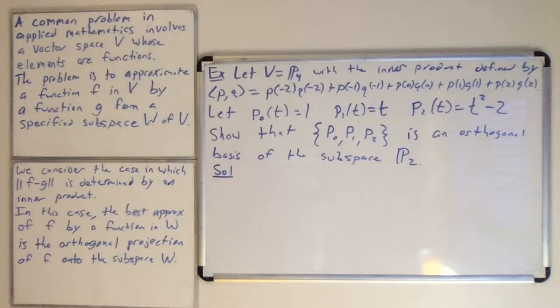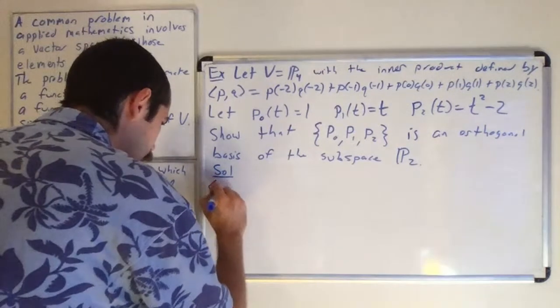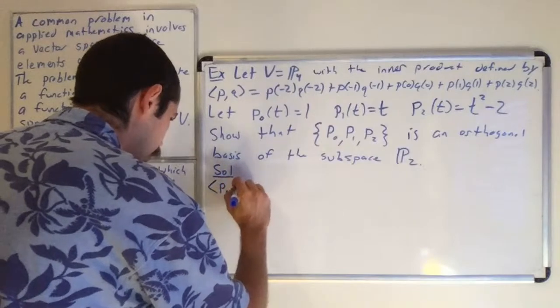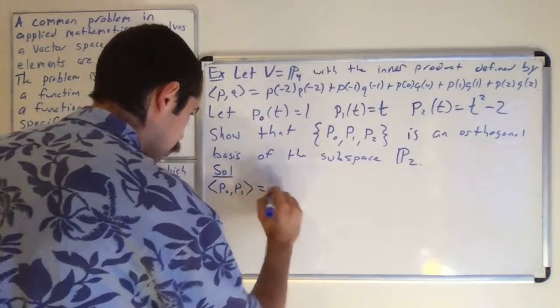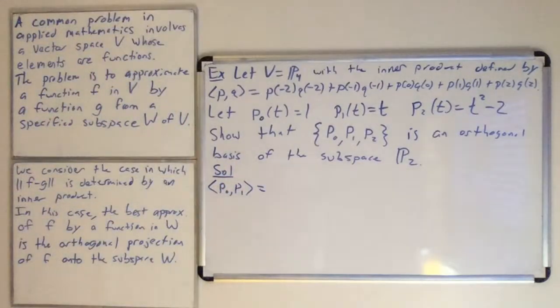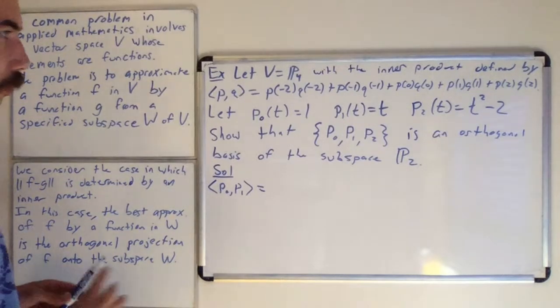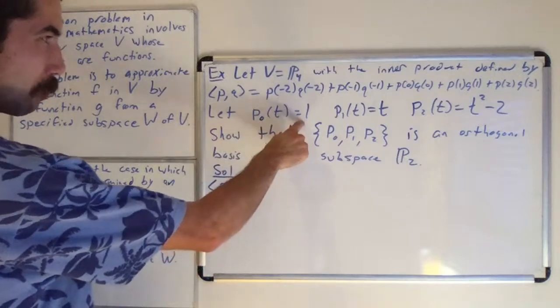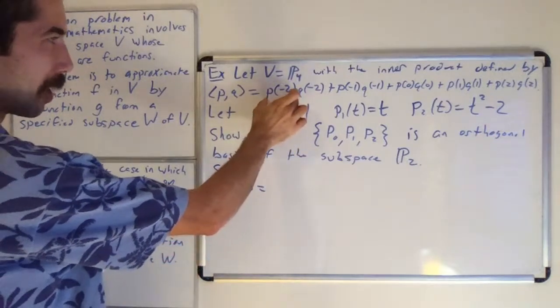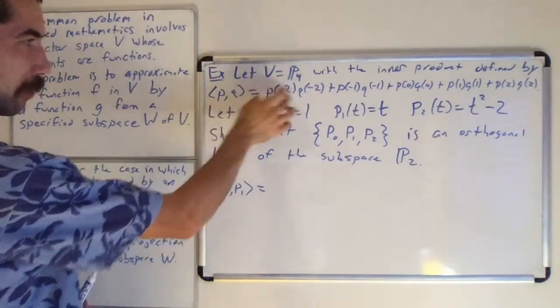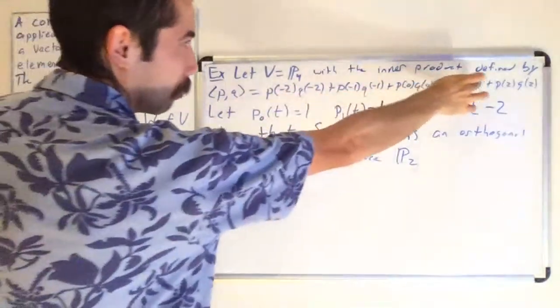Let's start with P0 times P1. So P0 is always 1. So all these terms in our inner product that come from the first term are just 1, 1, 1, 1, 1.